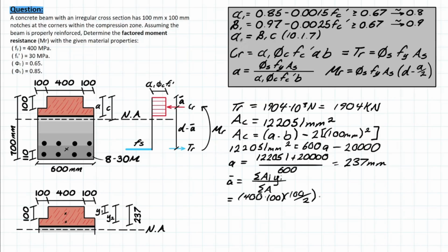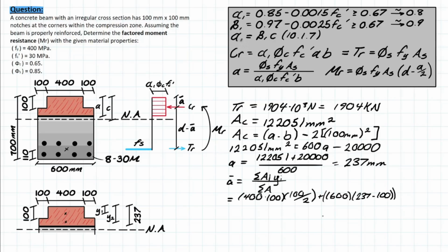We move on to the second section, which is just this block below. The area of this block is now this 600 mil length times the depth, subtracting 100. We already know that this A value is 237, so that is going to be 237 minus 100.